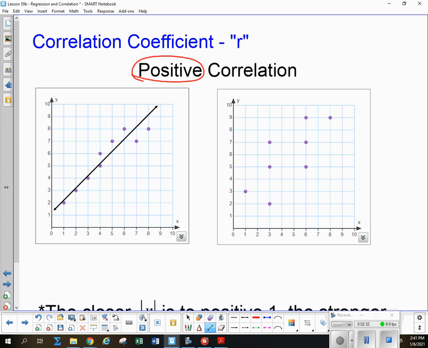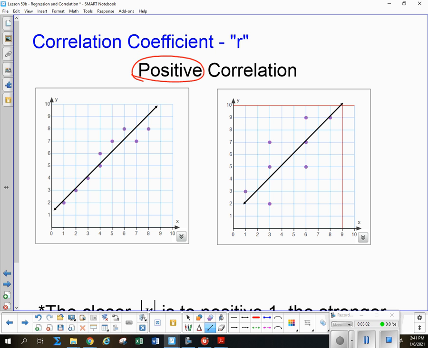The closest possible would mean if we actually measured the distance from each dot to the line, and then we added up all of those distances, what's the smallest that we could get? I'm just kind of eyeballing these, and I may be close or I may be kind of far off. The calculator is going to actually get the one where the total of all of those distances would be as small as possible. So I might just kind of guess that my lines would look like this.